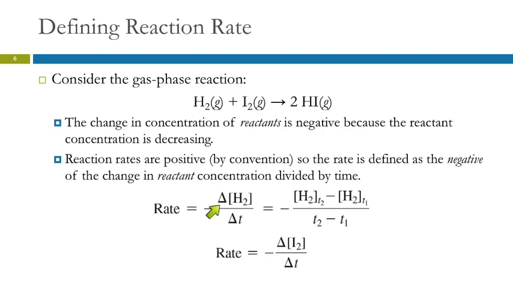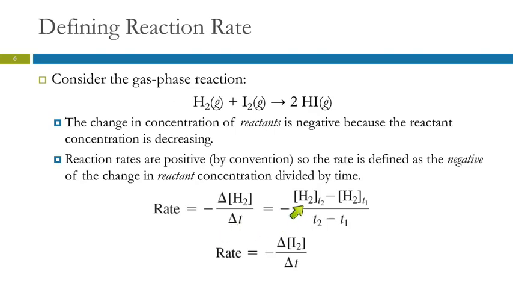Remember that brackets around a chemical formula indicate that we're talking about the concentration of that species, generally in moles per liter, molarity. So we can define the rate as the change in the hydrogen concentration divided by the change in time. That's the final concentration minus the initial concentration divided by the change in time.